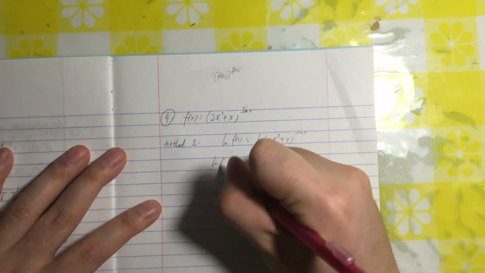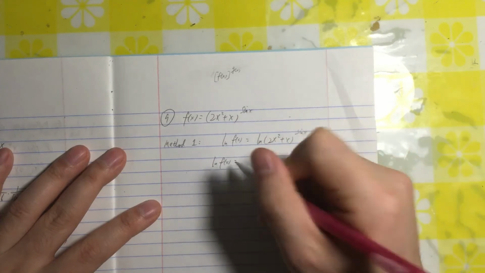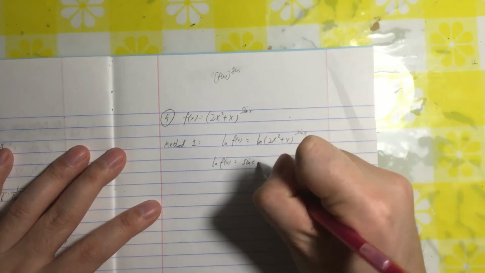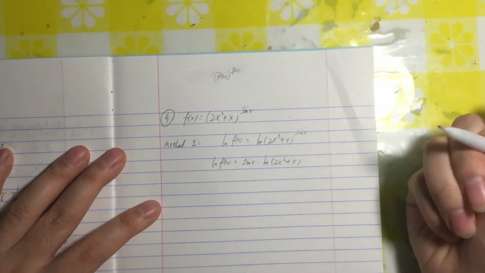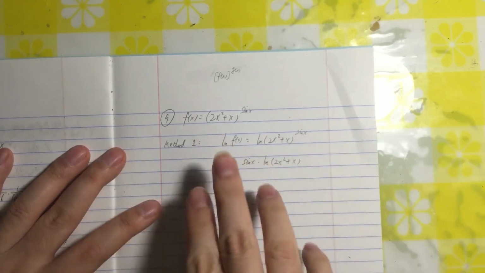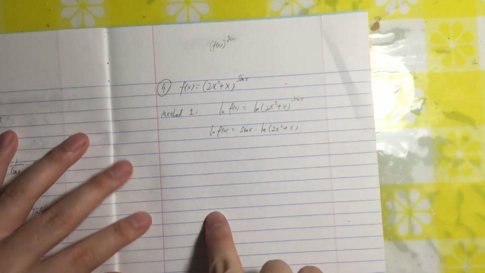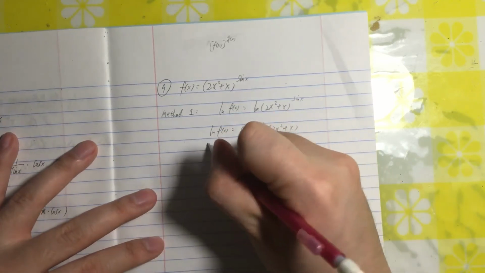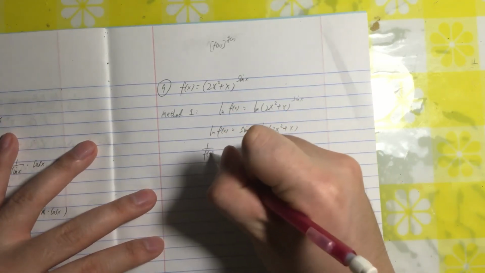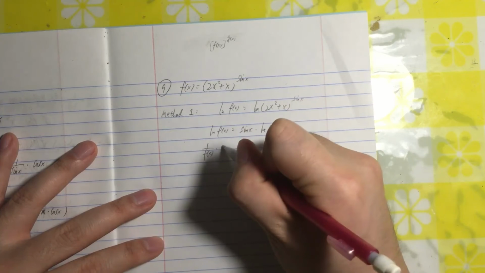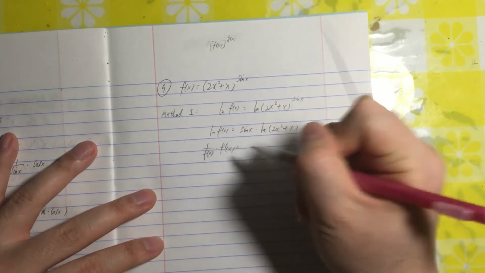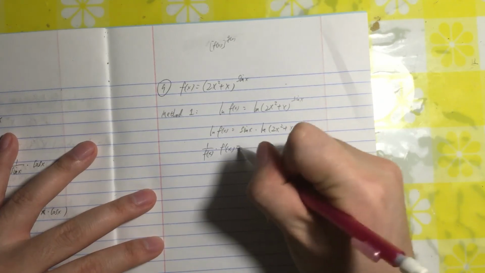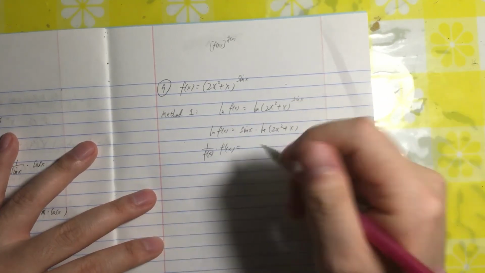I have ln of f of x equal to sine x times ln of 2x squared plus x. Then take the derivative on both sides. On the left side, I get 1 over f of x times the derivative of function f, that's f prime of x. On the right side, apply the product rule.